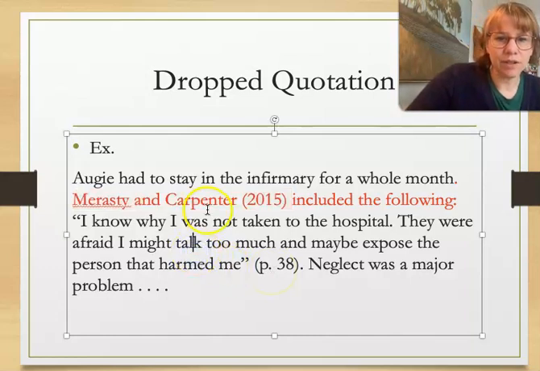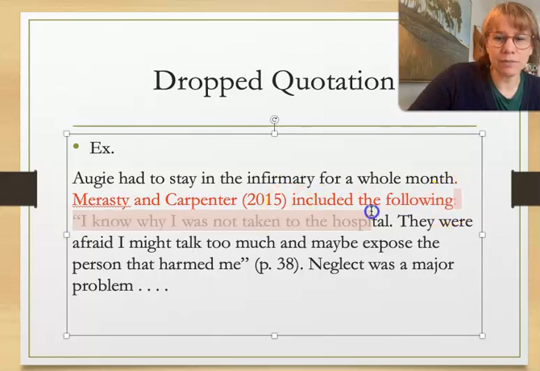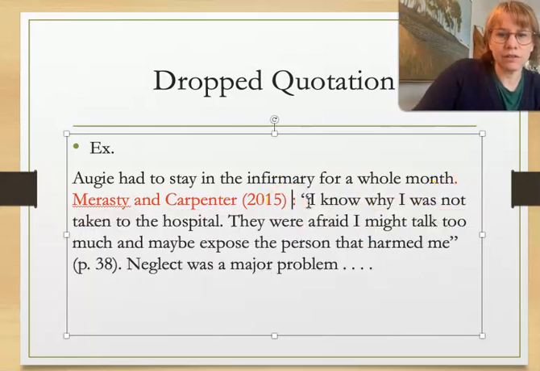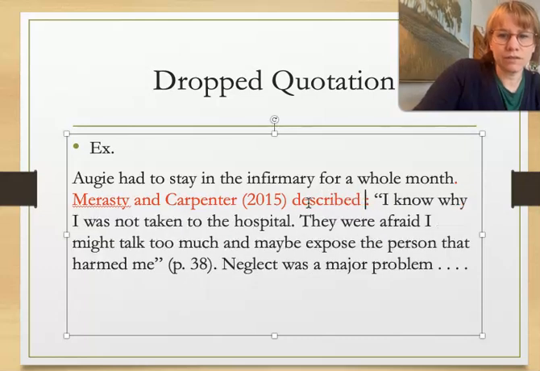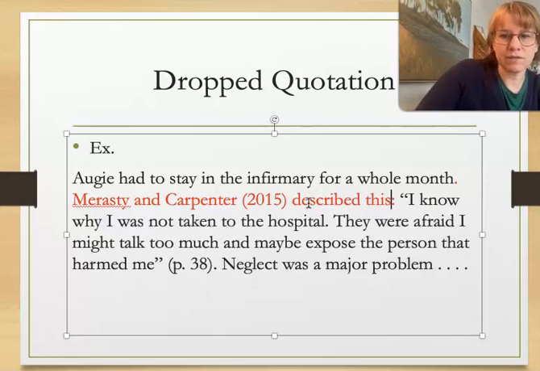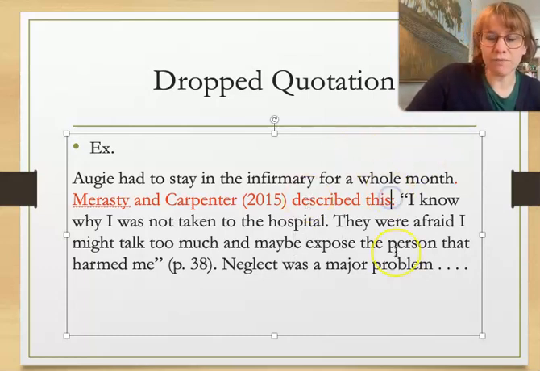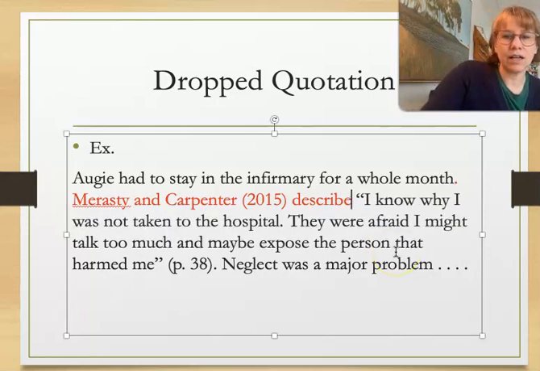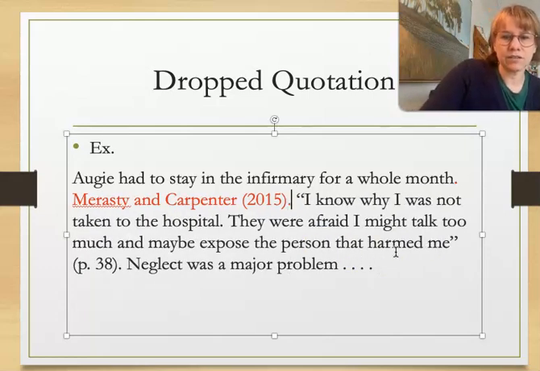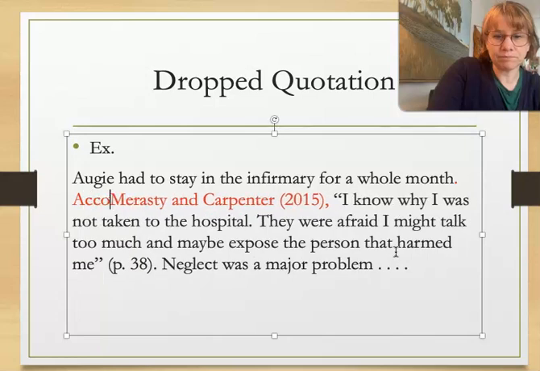So this one, Augie had to stay in the infirmary for the whole month. Morasti and Carpenter described this. I know why I was not taken to the hospital. They were afraid, blah, blah, blah, blah. So again, you can play around with the phrasing of it. You could also just say, according to Morasti and Carpenter, that would also be fine.